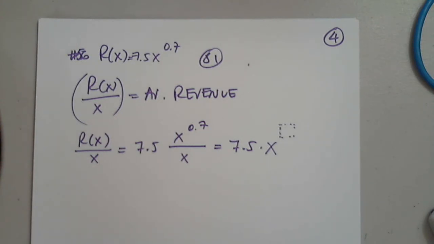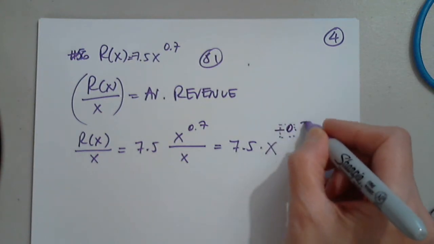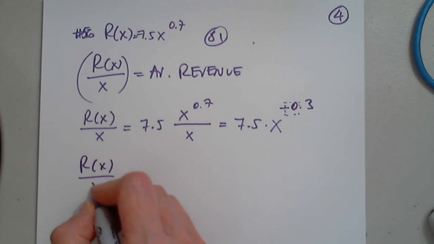Anyone? I haven't heard from Liam yet, from Tyler, from Jessica. Would you subtract 1 from 0.7? Thank you very much. And the answer is? 0.3 or negative 0.3. Awesome. This is it. Great job. And now thank you very much, Liam.